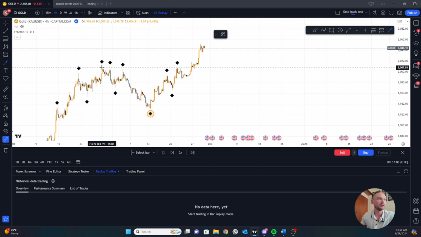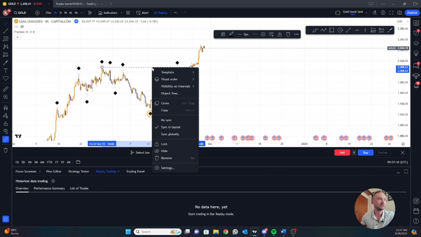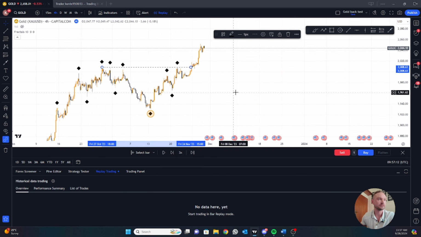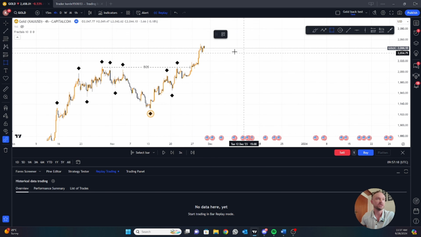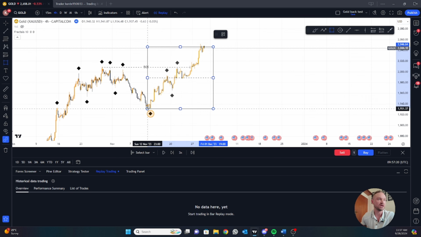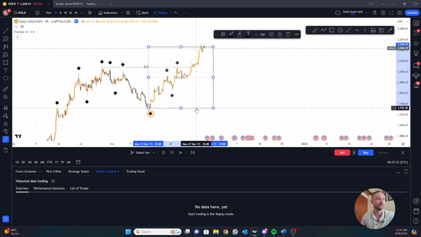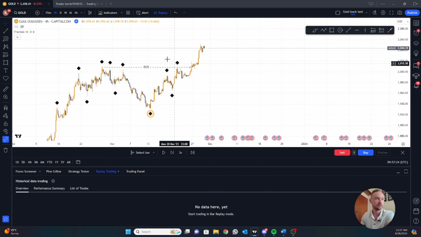So we've got a break of structure here. The first thing that you want to see is a break of structure. Then you know that this is your new range that you are working with. So we've got our break of structure. Let's see if we get the retracement.